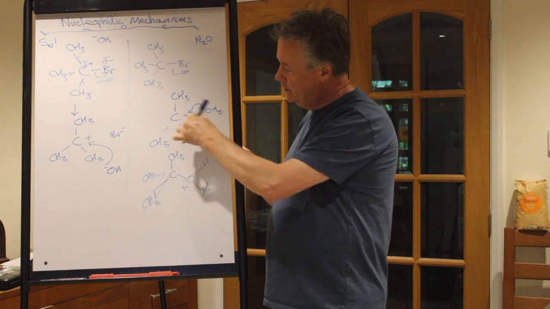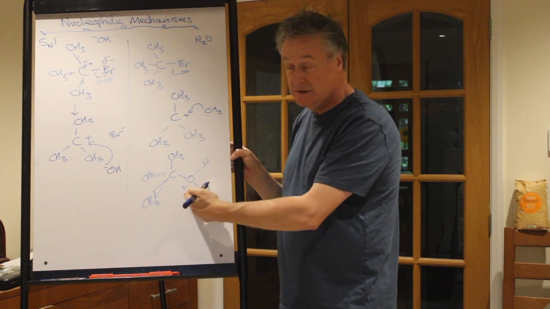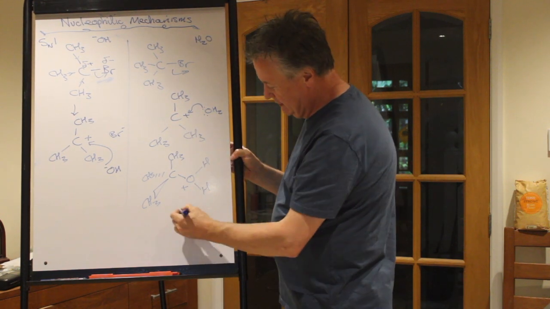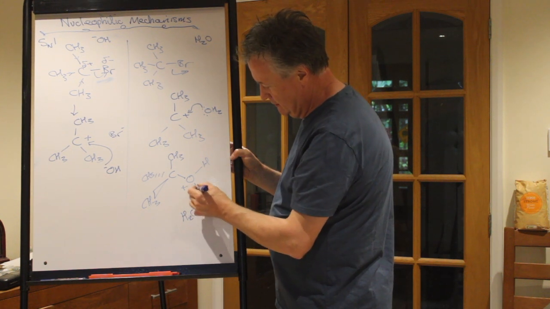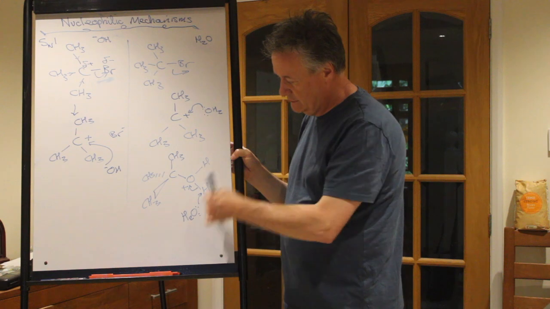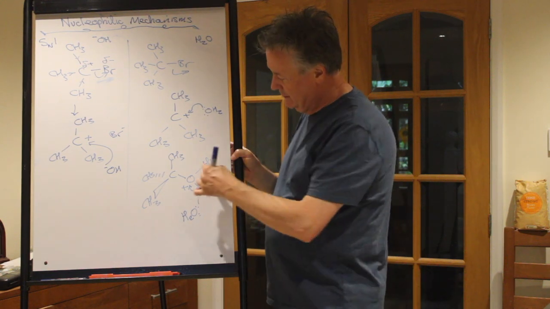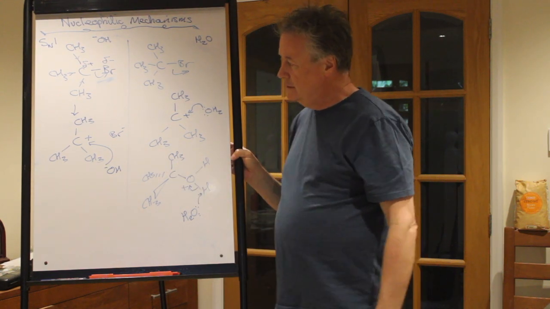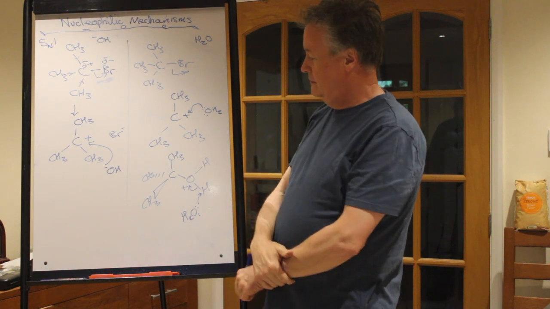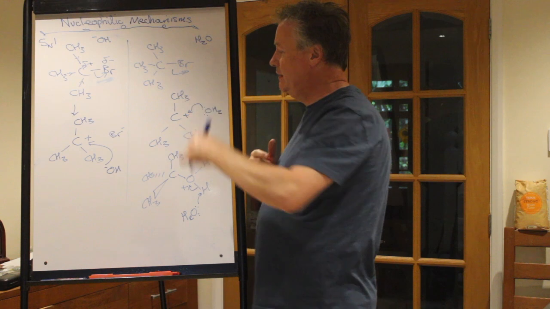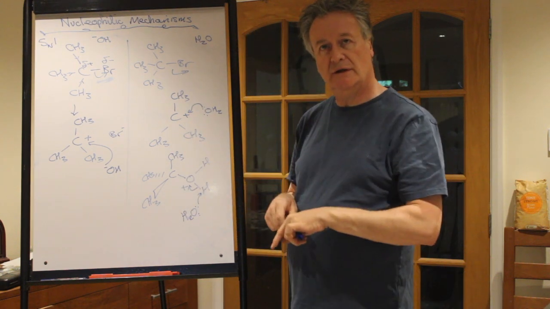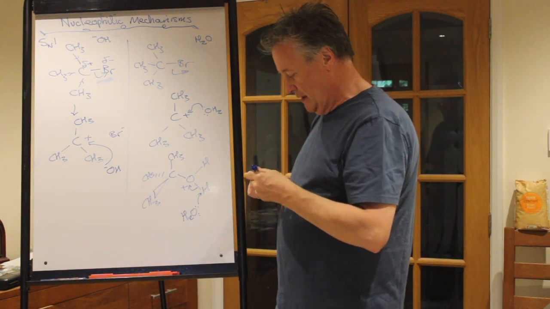It's come in onto a positive ion. The oxygen now carries the positive, and then another water comes along and plucks off the hydrogen, leaving you with, in the end, the same product as that one. You could do that with ammonia, and you get ammonia plucking off one of the hydrogens to make the amine.